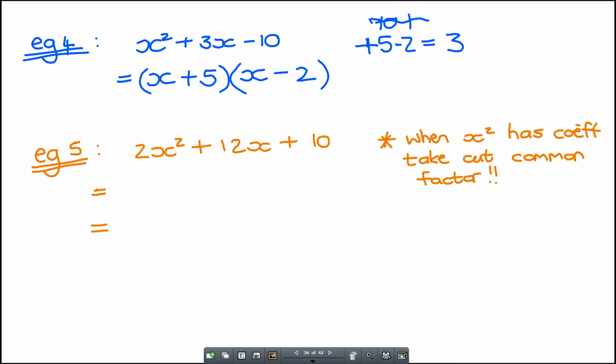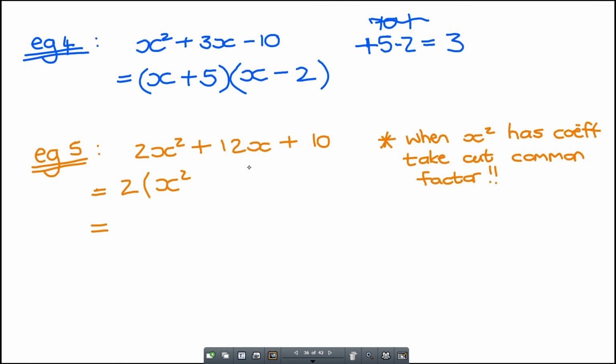Now remember, common factor means that I must be able to take it out of every single term. Okay, now in this case, because my coefficient was 2, I'm going to take out a common factor of 2. So in term 1, 2x squared, if I take out 2 as a common factor, I will have left x squared.